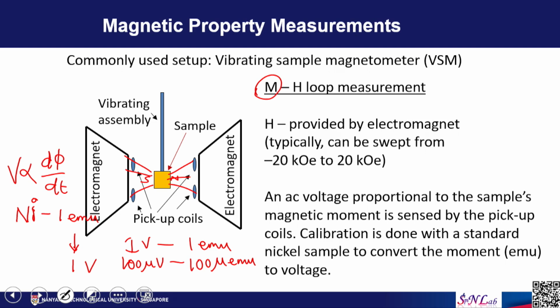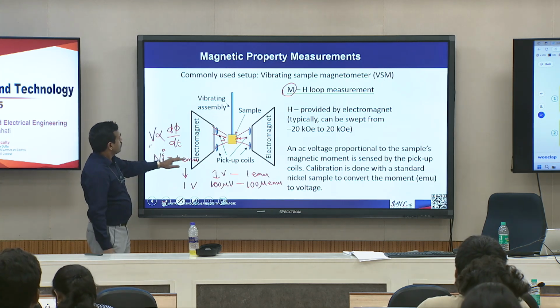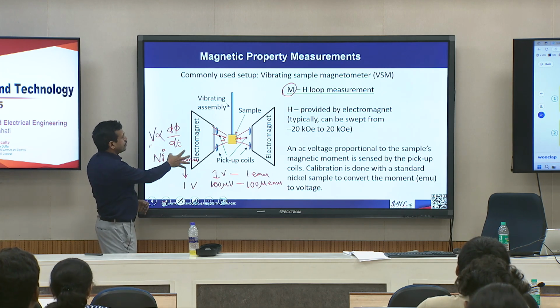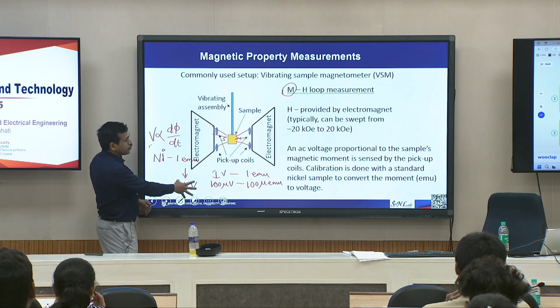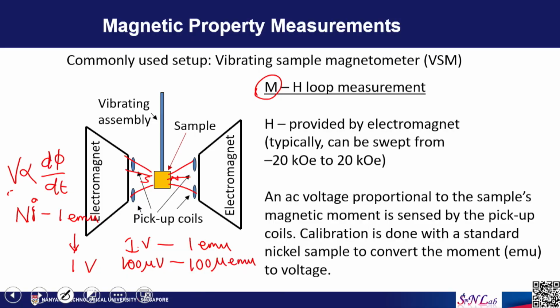So, you do the calibration with a known sample. First you place a known sample, then you know that this particular EMU generates a particular voltage, then you go back. So, if 1 volt gives you 1 EMU, then 100 microvolt is like 100 micro EMU, something like that. Okay. So, this is how we measure the magnetization using vibrating sample magnetometer.